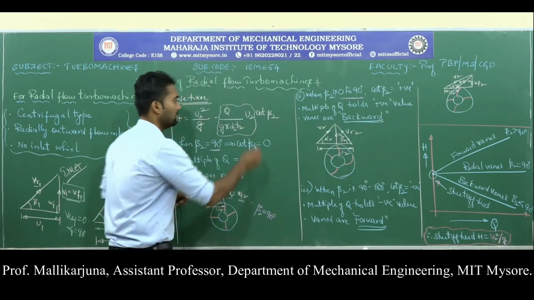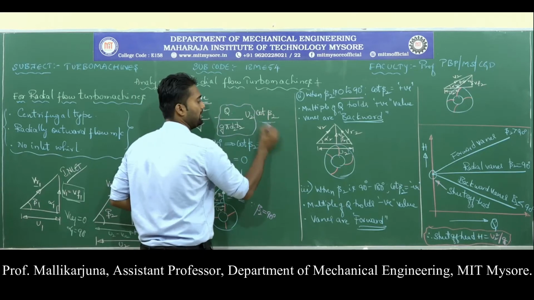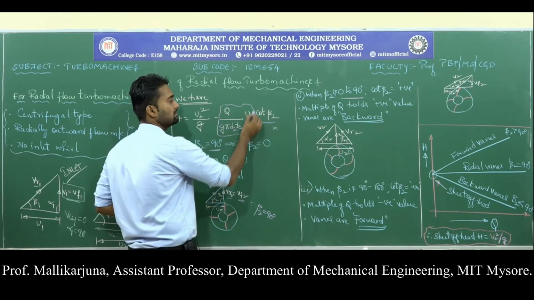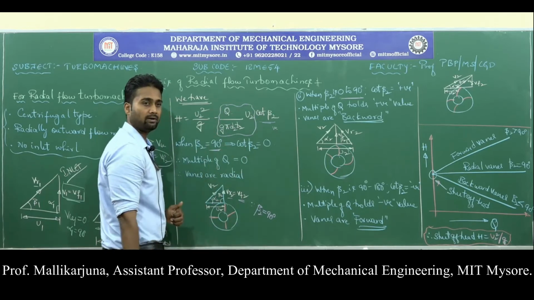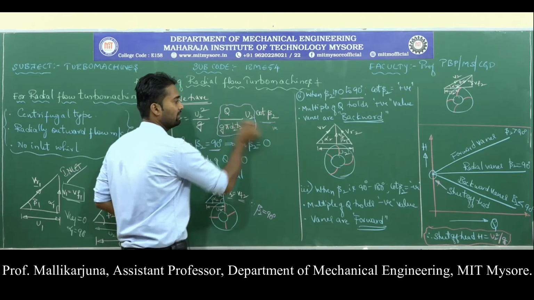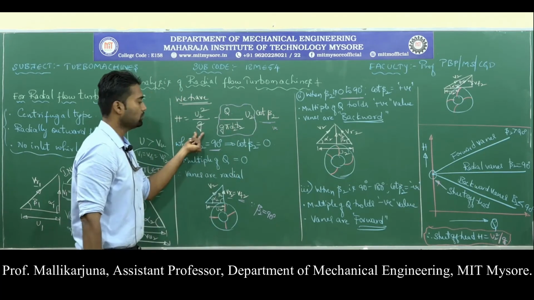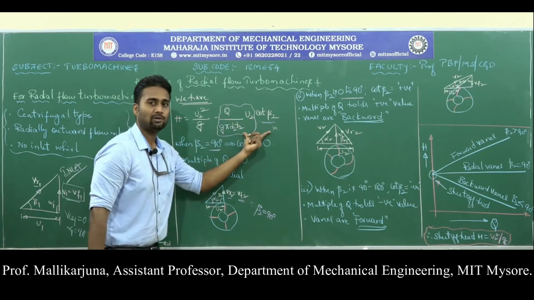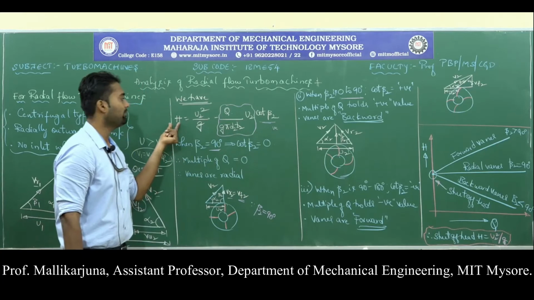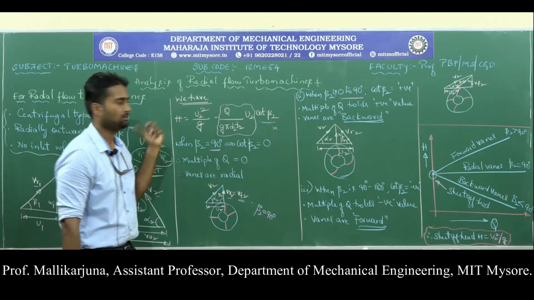That means if cot beta 2 is positive, then this entire term becomes positive. Am I right on that? This will have a certain value now, right? That means U2 square by g minus a certain value, and I will have a positive value for H.